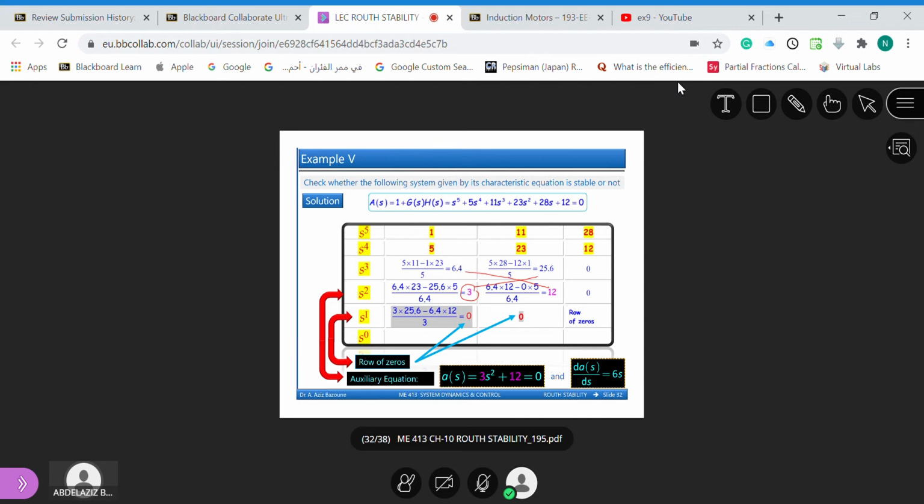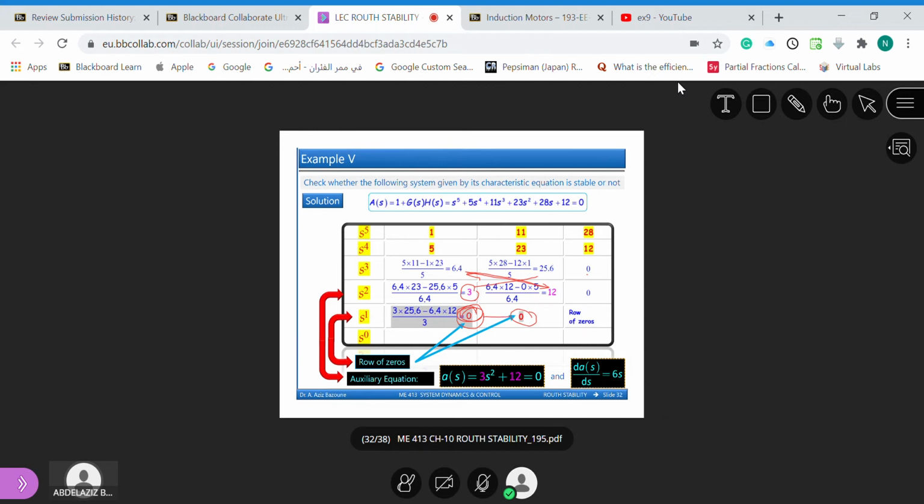Is that right? No, this is okay, fine. Here, Shabab, we are here: 3 times 25.6 minus 6.4 times 12. This will give you 0. And then here also, this will give you 0, because you will have 3 times 0 minus 6.4 multiplied by 0, divided by 3. This will give you 0.